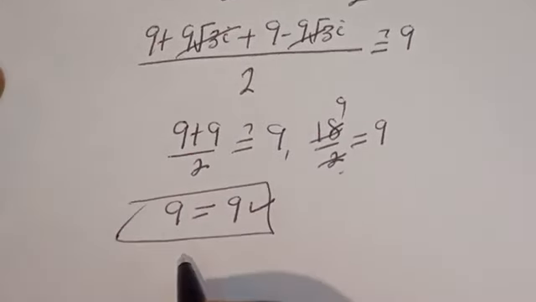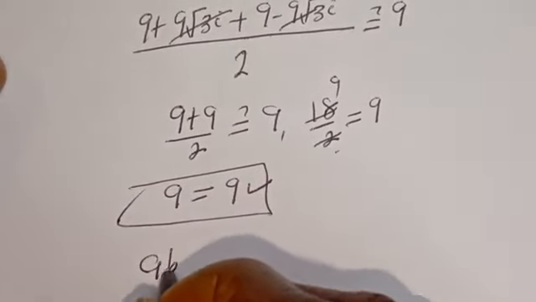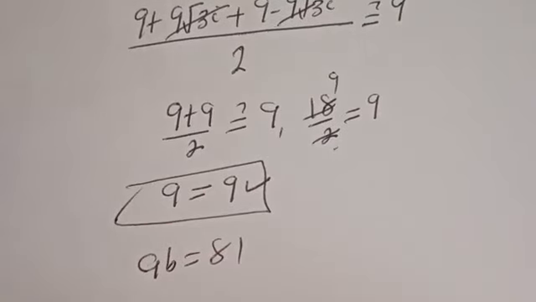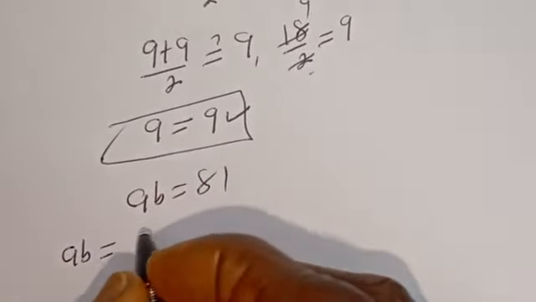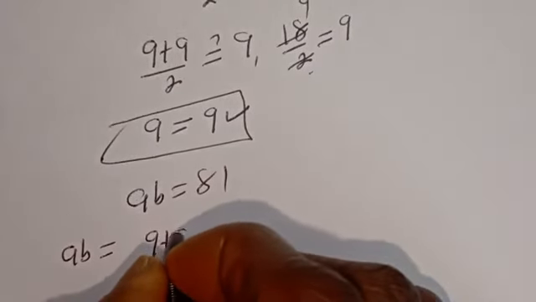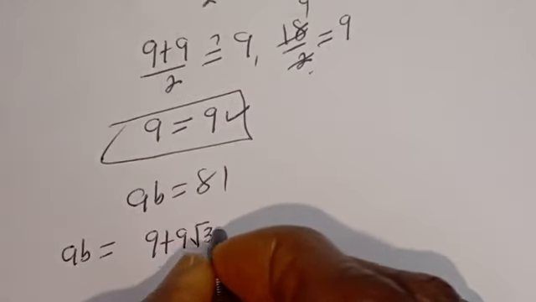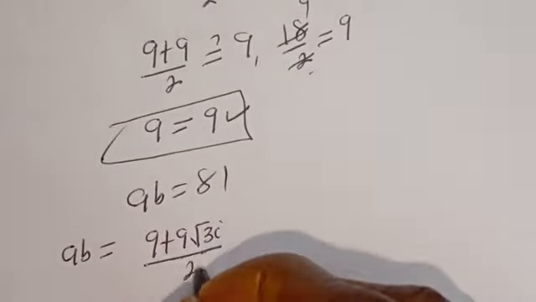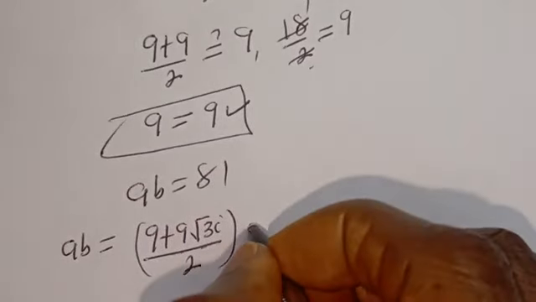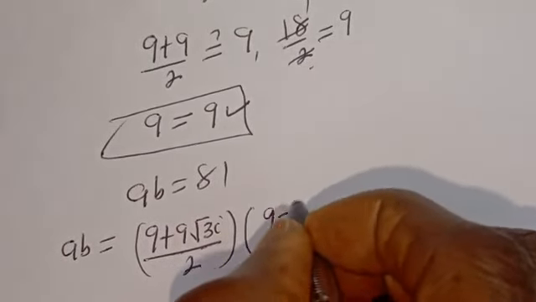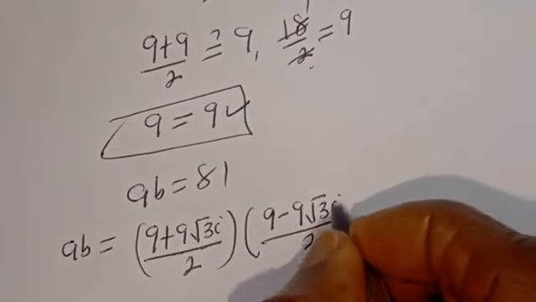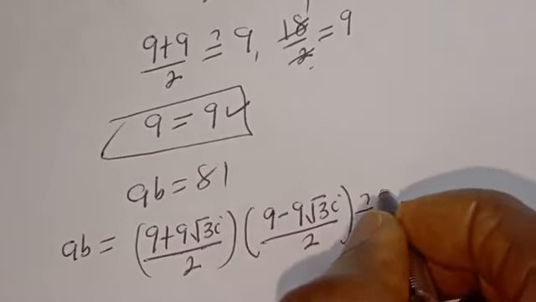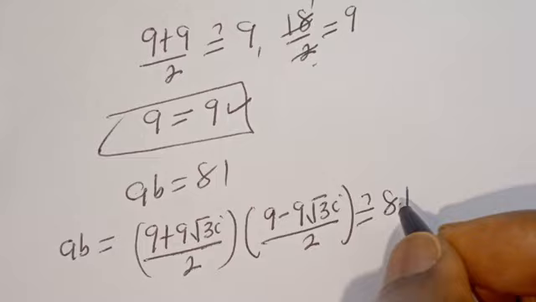Now, to check for the product, ab is equal to 81. Then we have ab is equal to 9 plus 9 root 3 i divided by 2 multiplied by 9 minus 9 root 3 i divided by 2, must be equal to 81.